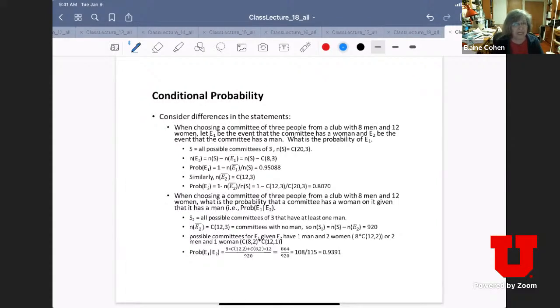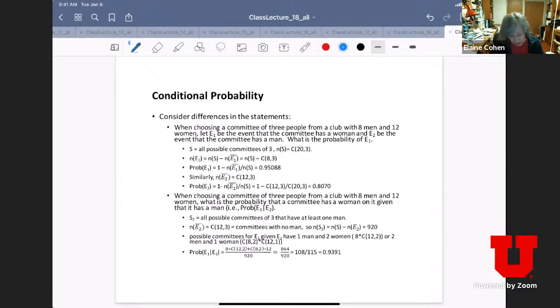So the probability of E2 is equal to 1 minus the number of events in E2 complement divided by the number of events in the sample space, which is 1 minus 12 choose 3 over 20 choose 3, which is 0.8070. Okay. Lower probability we're going to get a man, huh?